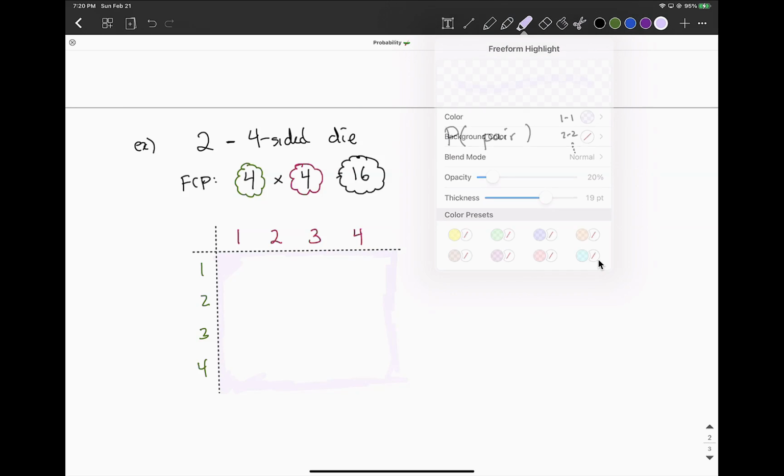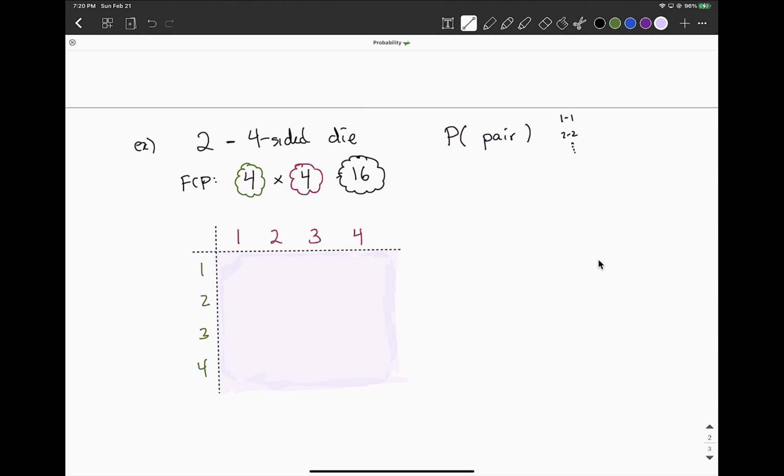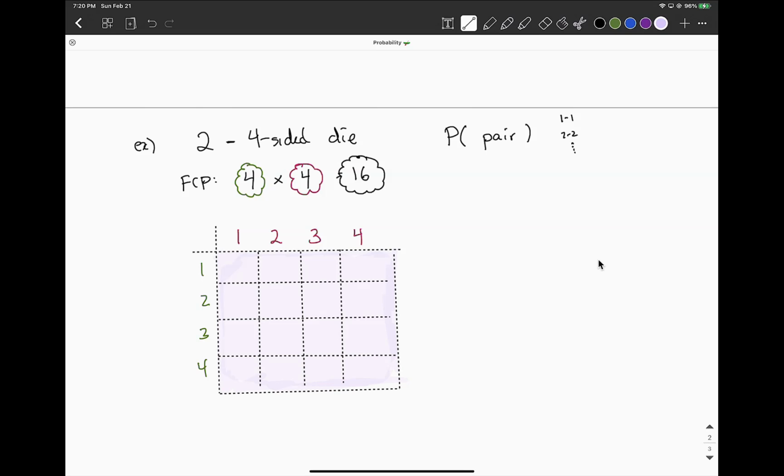Make it a little bit bigger. And we get all of this multiplication space. And that is where the goods are. That is where all 16 outcomes exist. And let me break that up into 16 perfectly spaced out, perfectly equal sections on my sample space.